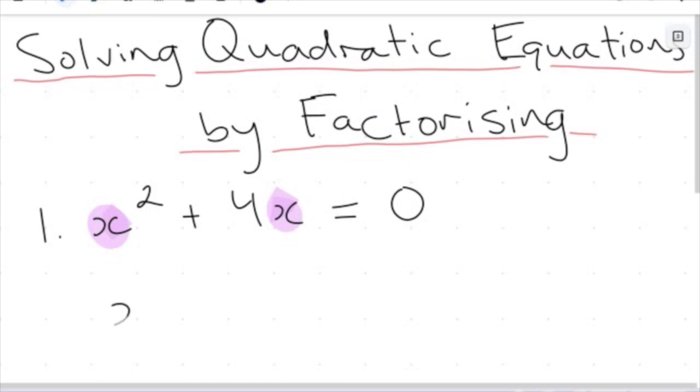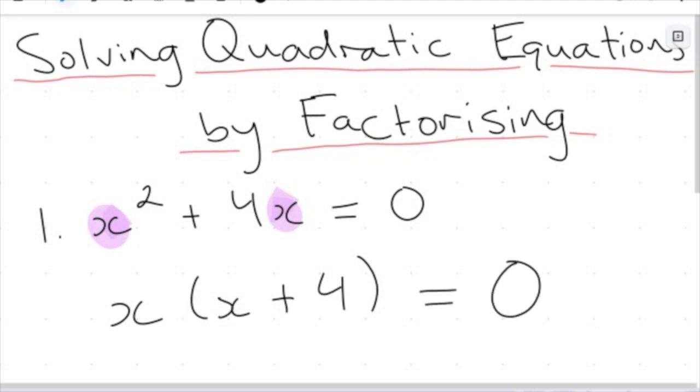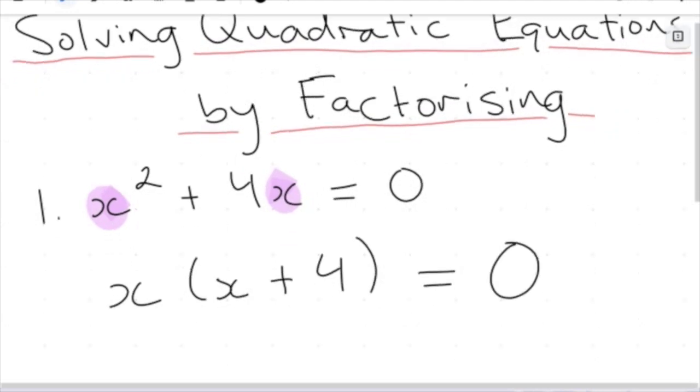So we can pull this out the front. And what we're left with when we factorize is, well, x goes into x squared x times, and x goes into positive 4x positive 4 times. And we have our next line of working.